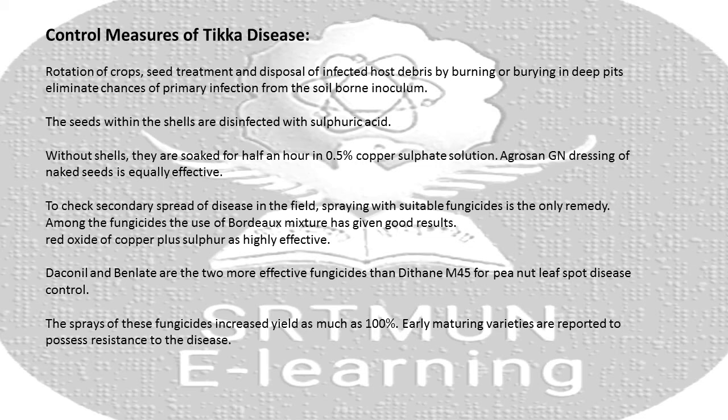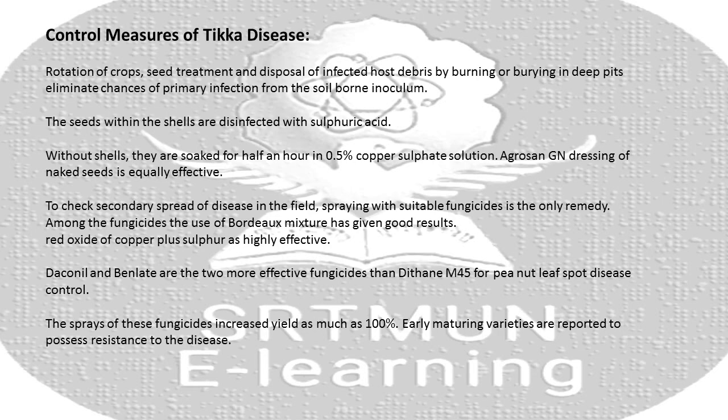Now next, to check secondary spread of the disease in the field, spraying with suitable fungicides is the only remedy. Among the fungicides, the use of Bordeaux mixture has given good results. Now next, red oxide of copper plus sulfur is highly effective.